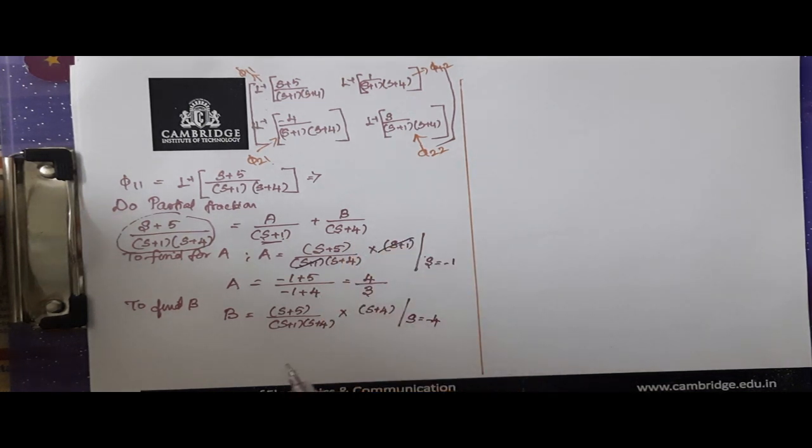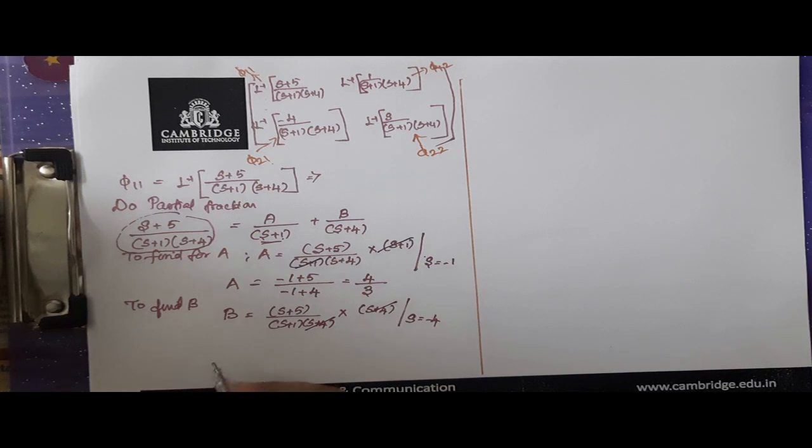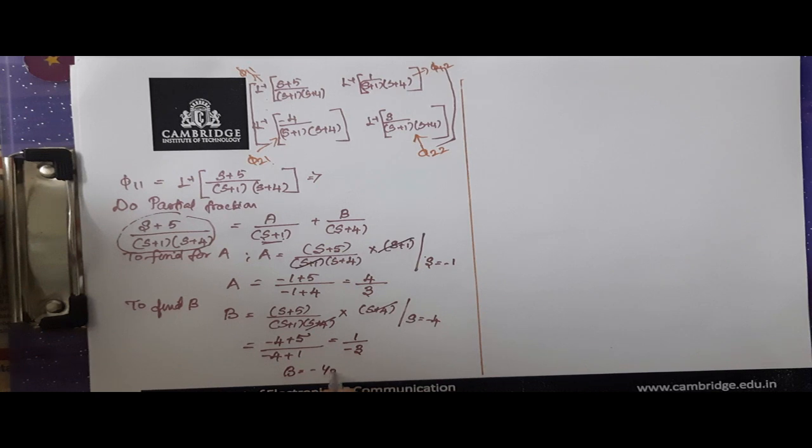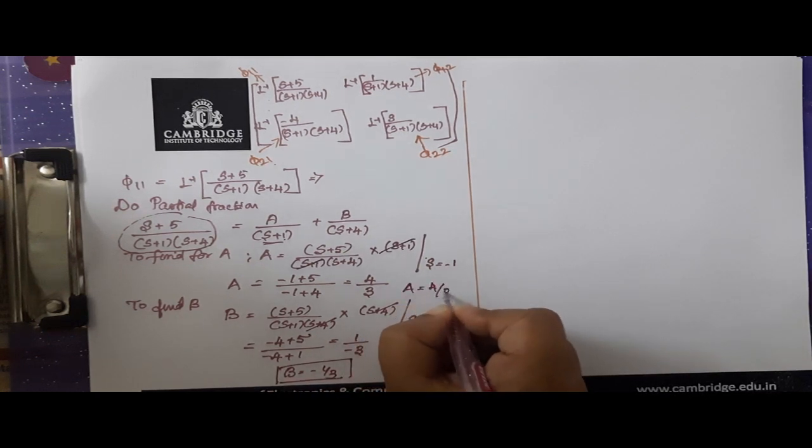So at s is equal to minus 4, s plus 4 in the denominator and s plus 4 in the numerator will get cancelled out, and let us substitute for s is equal to minus 4. So minus 4 plus 5 divided by minus 4 plus 1, that is 1 divided by minus 3. So B is equal to minus 1 by 3, and we have obtained A is equal to 4 by 3.